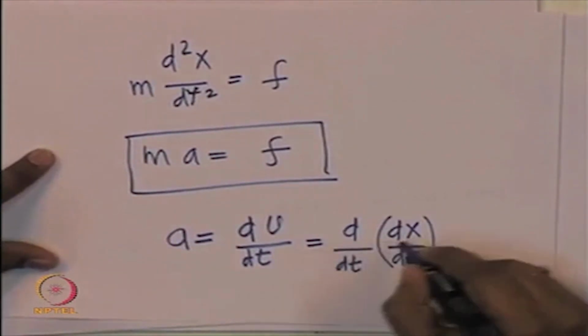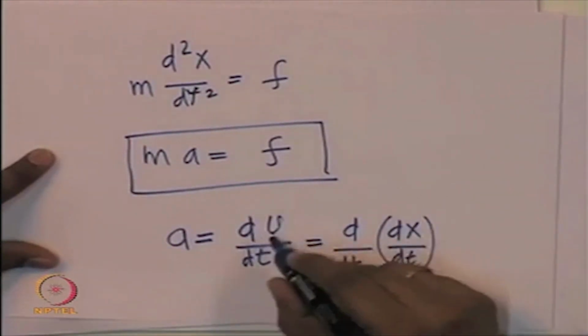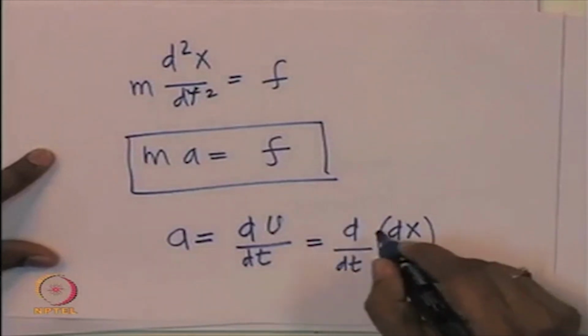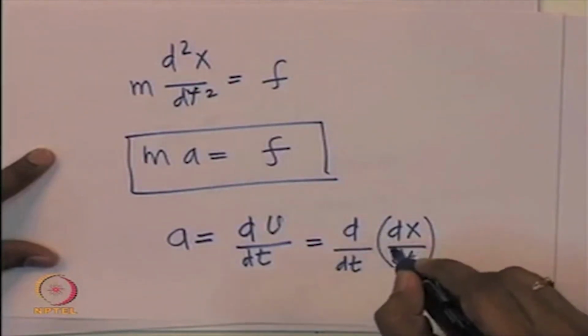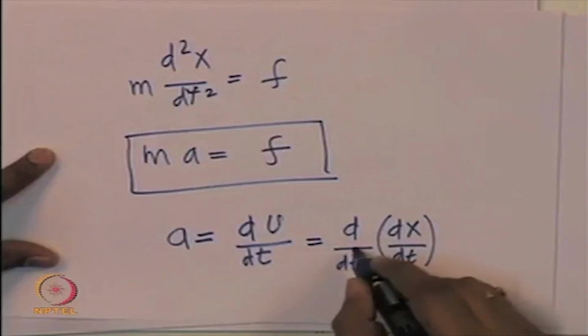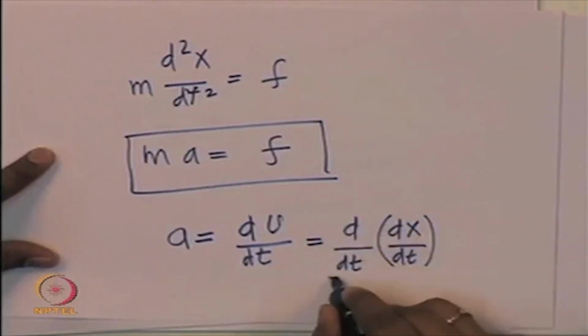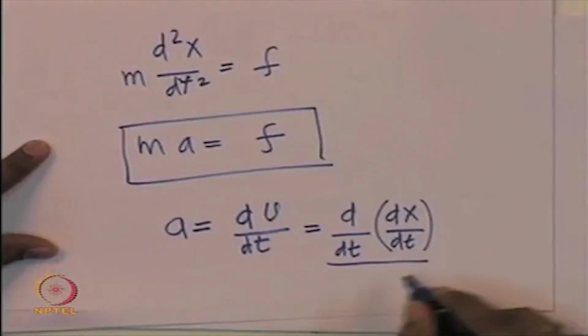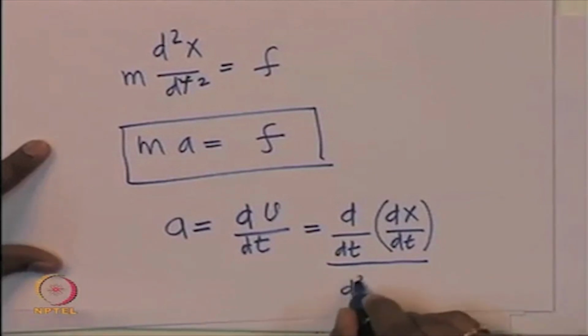So dx by dt is v, and d by dt of this is acceleration. So, this whole thing can be written as d square x by dt square.